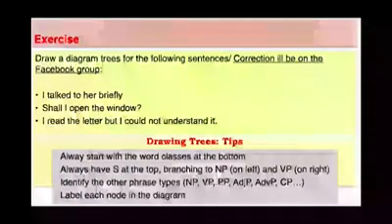But before doing these trees, have a look please at these different tips for drawing trees. Always start with the word classes at the bottom. When you draw trees, you put your sentence at the bottom, then you go to the top and start with your main constituent, which is the sentence, at the top.